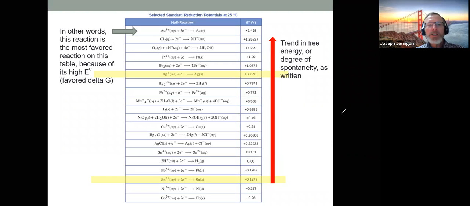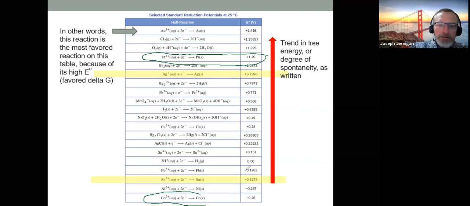Now, so we did gold and iodide. Let's pick another one here. Let's pick, say, platinum 2+ and cobalt, and I'm going to circle my reactive species.